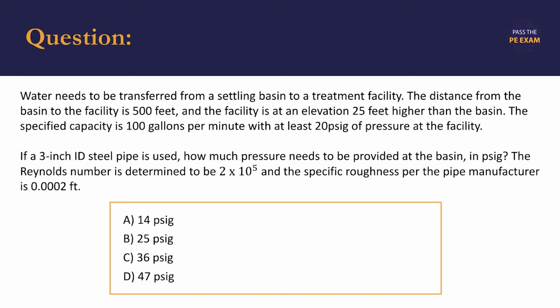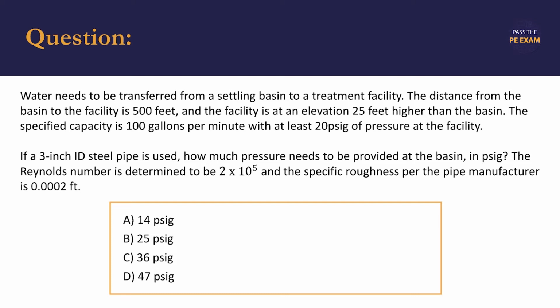So before we start annotating the key information of this problem, we should be able to eliminate one of these potential answers with just a little bit of critical thinking. We're told that the required pressure at the end of the pipe where the facility is, is 20 psi at the gauge. And we know that there is going to be extra force required to pump the water up 25 feet.